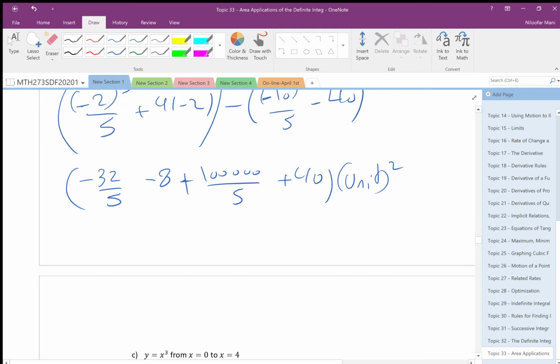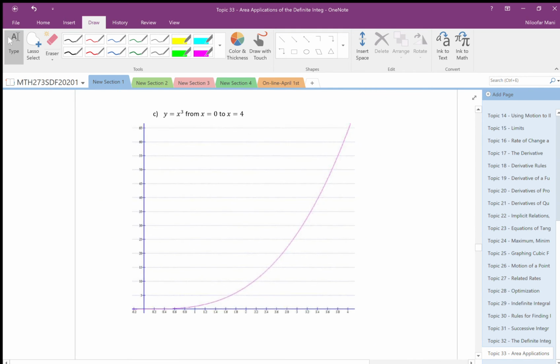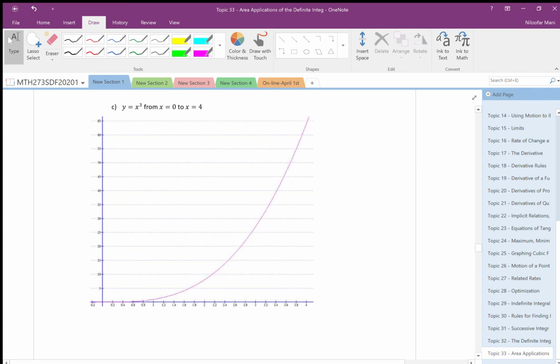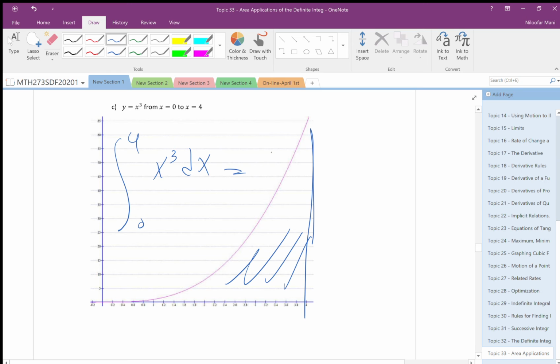Okay, so how about here? Here the answer is from 0 to 4, so I'm looking for this part. The integral from 0 to 4 of x cubed dx is x to the power 4 divided by 4 from 0 to 4, which is 4 to the power 4 divided by 4 minus 0.